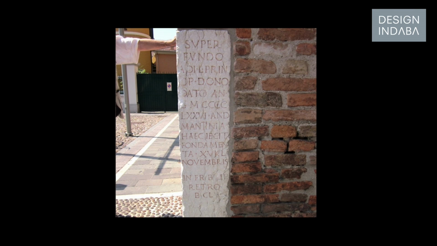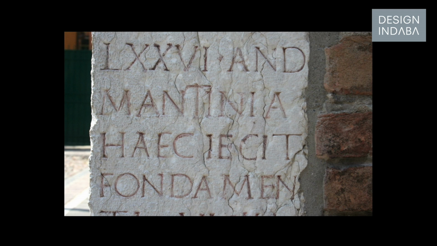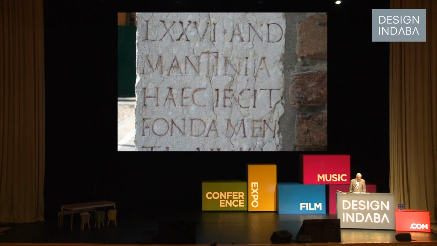He built himself a house in Mantua, which is still there. You can go and see it. The foundation stone is very worn, unfortunately, but you can see the date. It was 1476, and you can see his name, Mantinea, which is the Latin version of his name, which I borrowed for this typeface as a sort of homage to Mantegna and his memory.